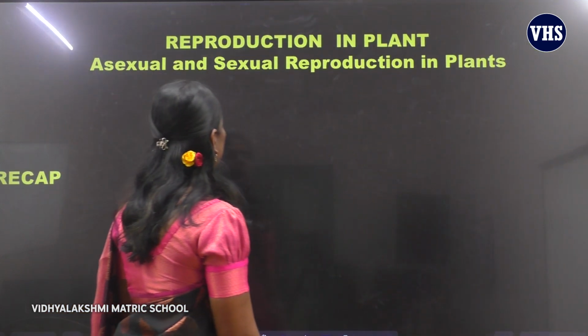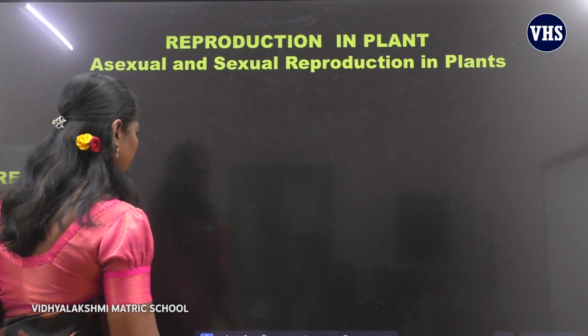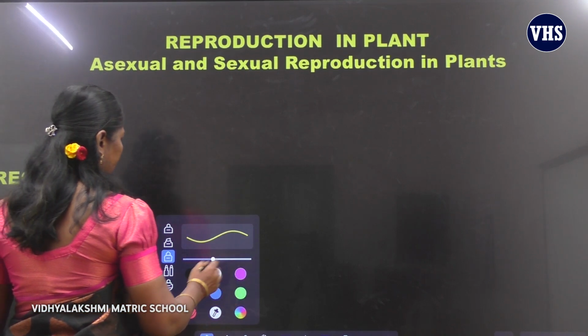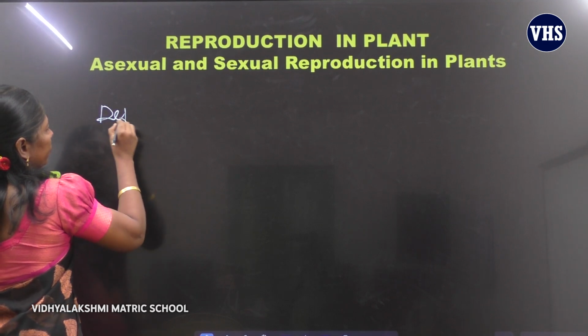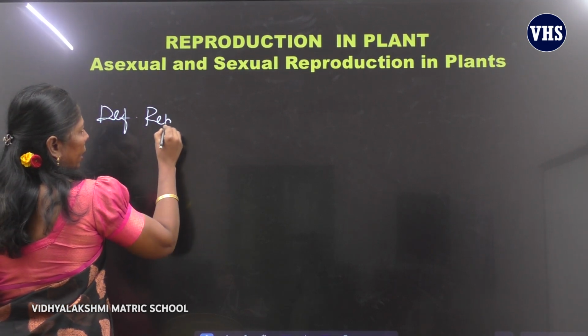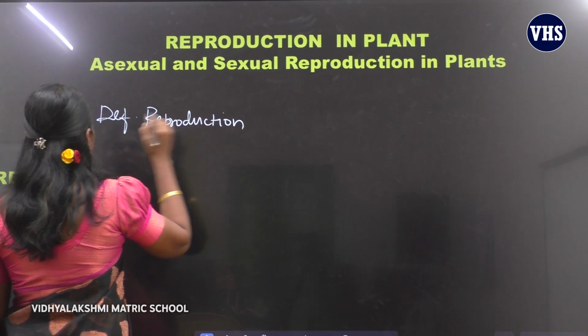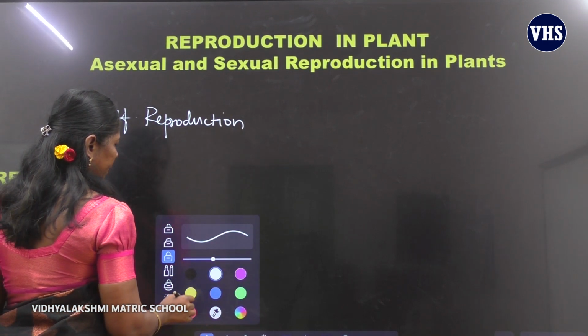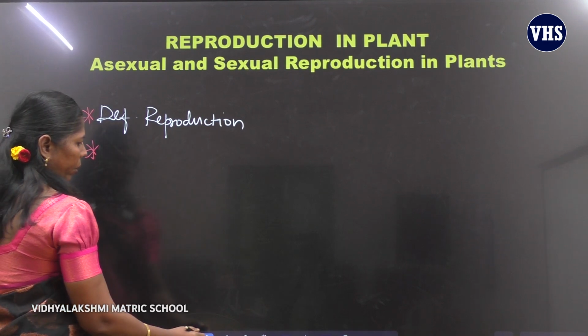So what are the topics we studied? Just we have to recall. எதெல்லாம் நம்ம இன்னைக்கு படிச்சோம் அப்படின்னு பாத்தீங்கன்னா, number 1 definition of reproduction. Next, we studied types of reproduction.